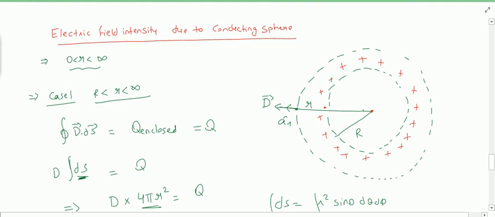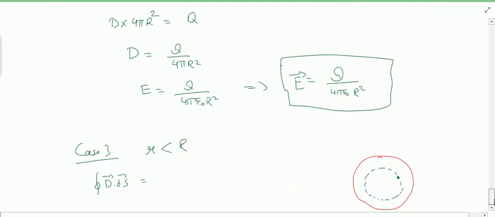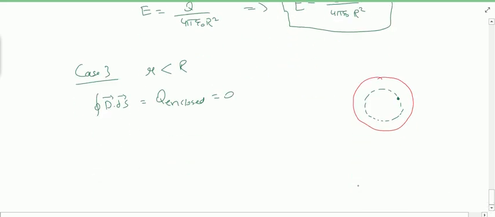There will be no charge present inside the conducting sphere. So what is the charge enclosed? It will be 0. So we can say D becomes 0, E becomes 0. So this is the condition for this case.